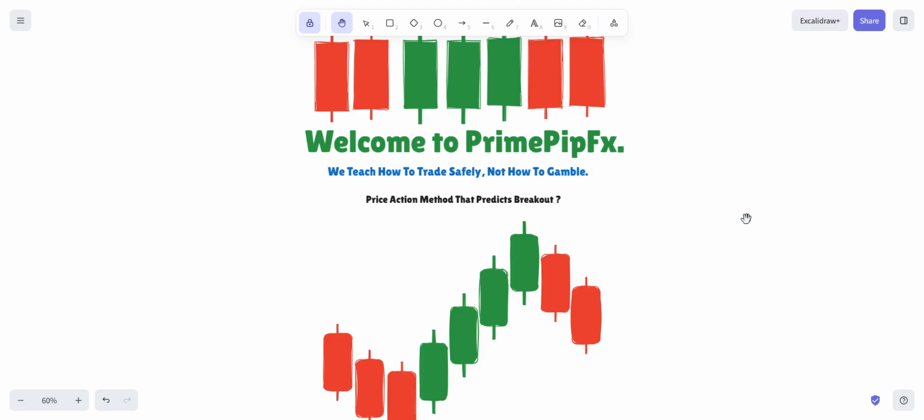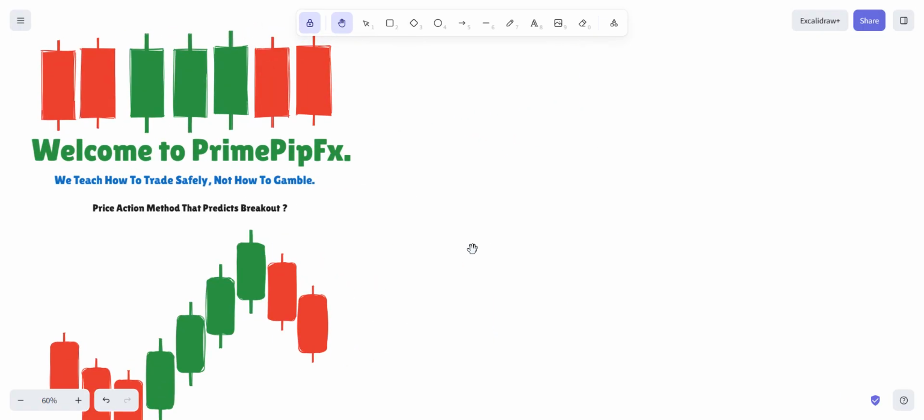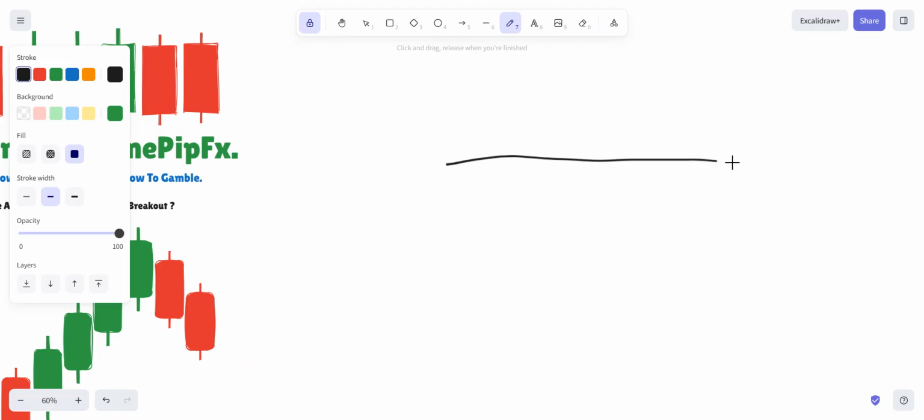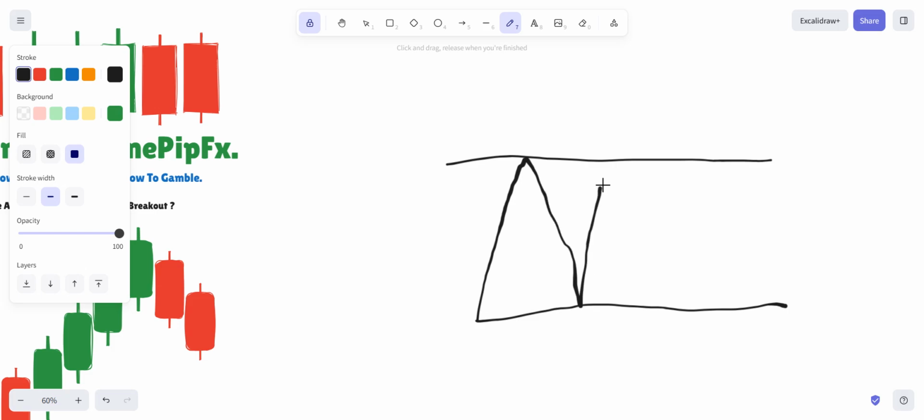Today we are going to talk about a price action method that predicts breakout. Let's jump into our screen. We have observed that at certain times the market makes a resistance and a support and starts moving inside this.